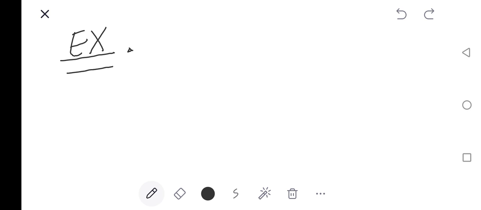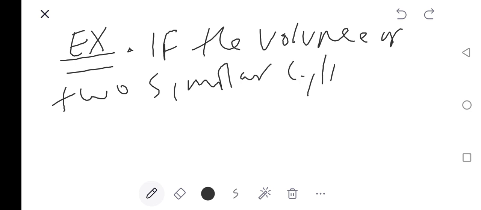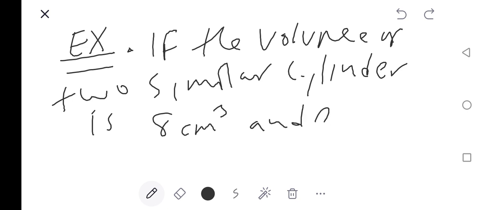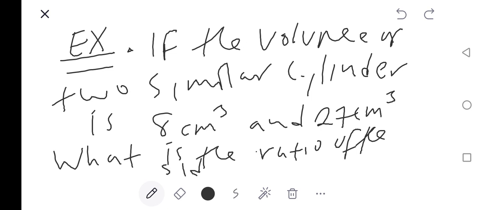Example. If the volume of two similar cylinders is 8 centimeters cubed and 27 centimeters cubed, what is the ratio of their sides?